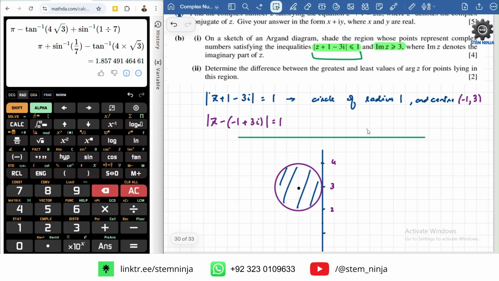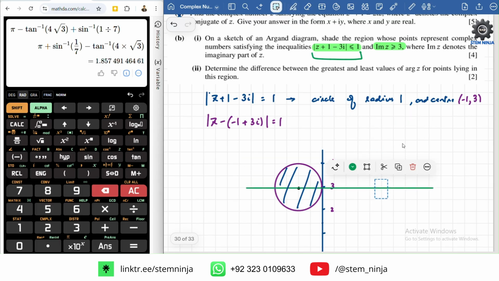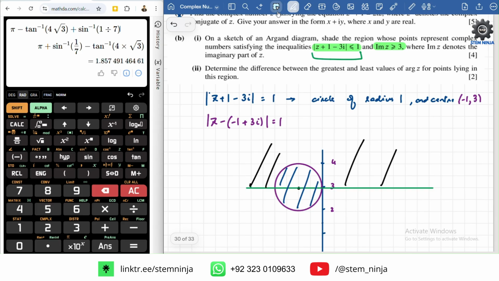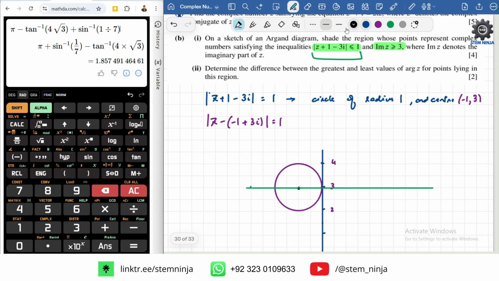And if we bring this thing over here, where all the region greater than the line should be shaded, this means the only area that we need to worry about or we need to shade is, let's shade it a different color, with this part.